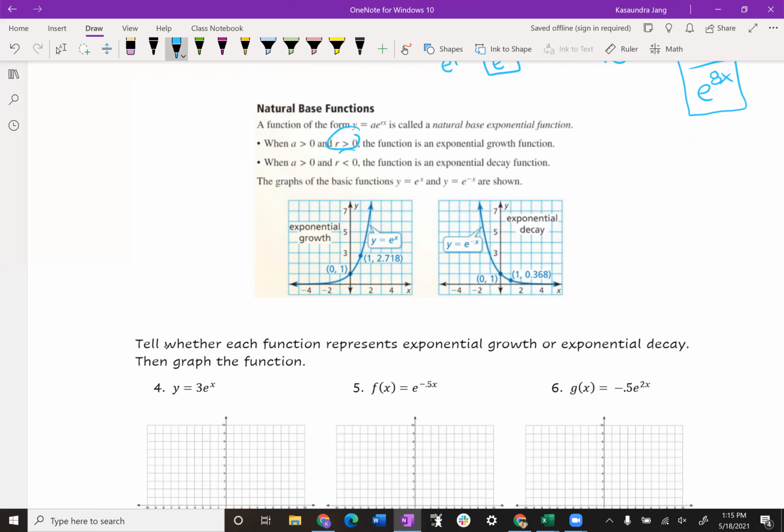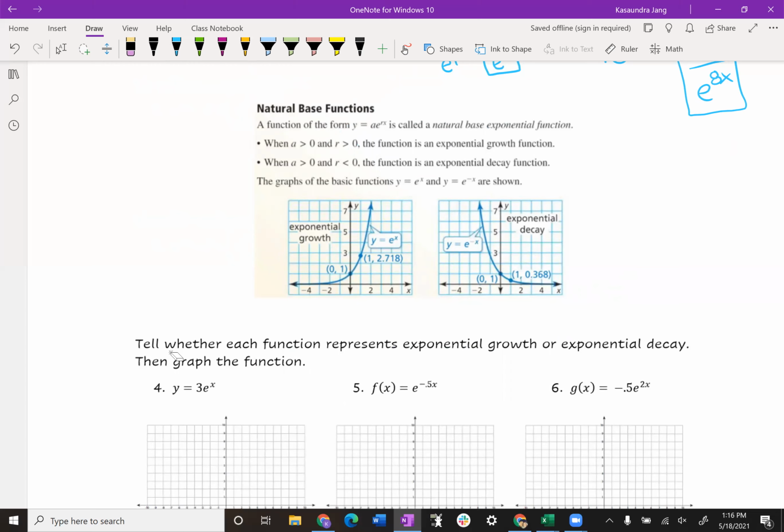The part that's different is the r, the r in the exponent right here. If that r is greater than 0, if you've got e to some positive number times x, then the function is exponential growth. It'll be this type of shape where it is growing as you read left to right. It'll be increasing, going up and up and up.